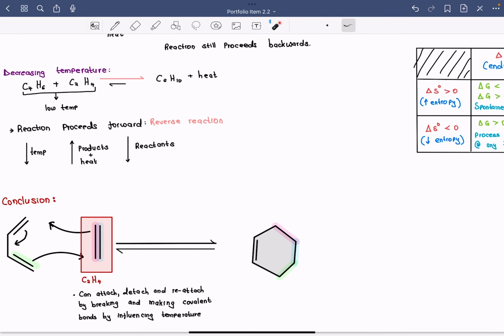So we can see how it's being attached to form the products, and how it can be detached to form the reactants.